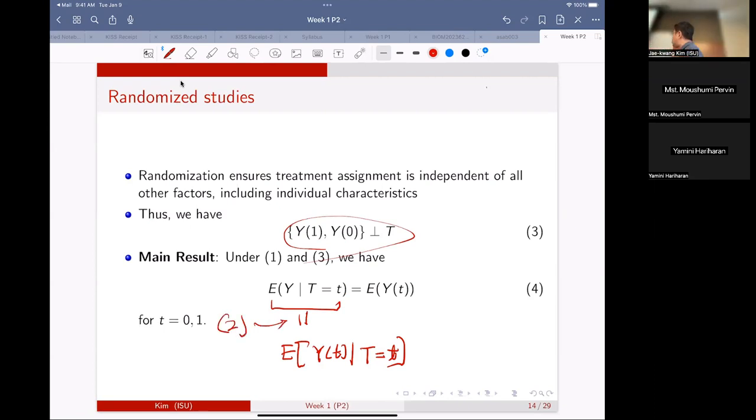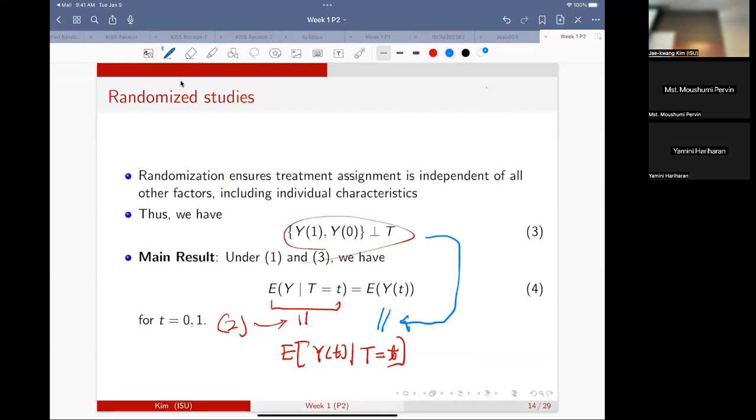So all we want to do is show this other equality. For this equality, we need to use some assumption, because we haven't used it before.